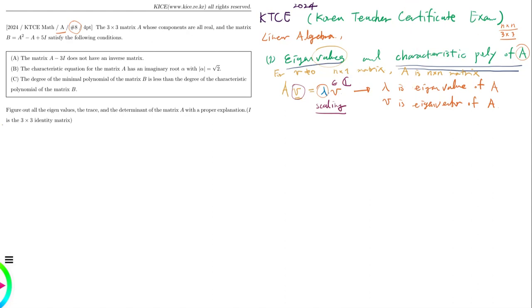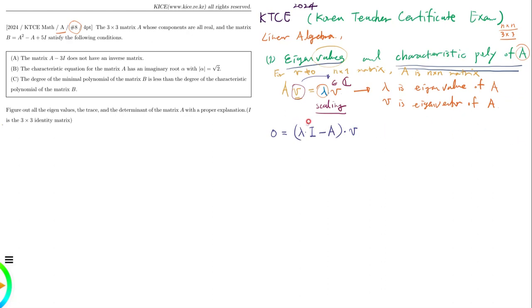So when I arrange this equation, let me move the left hand side to the right, and I will have lambda times the identity matrix minus A, times vector V, equals 0.